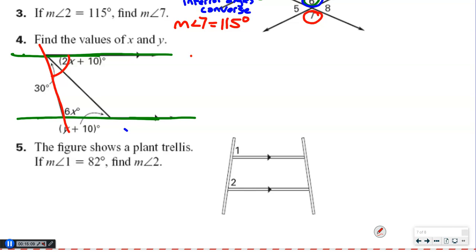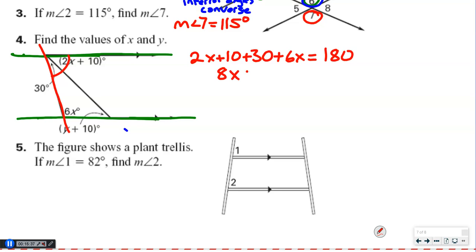So we could say 2x plus 10 plus 30 plus 6x equals 180. Because consecutive interior angles are supplementary, they're going to add up to 180. So we're adding all of those angles together to equal 180. Then simplify.